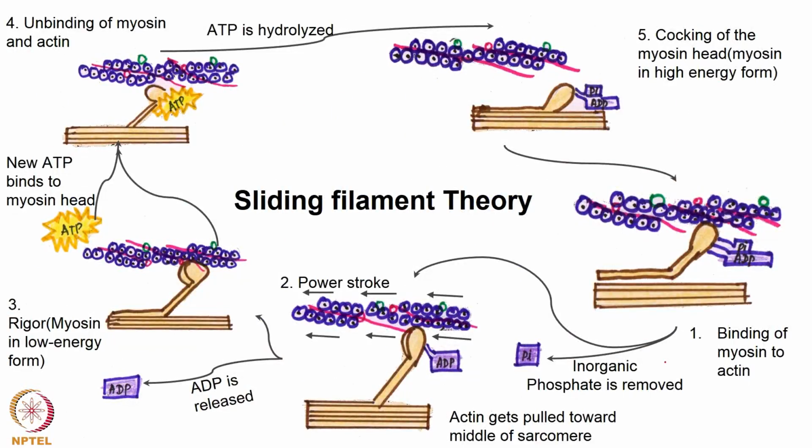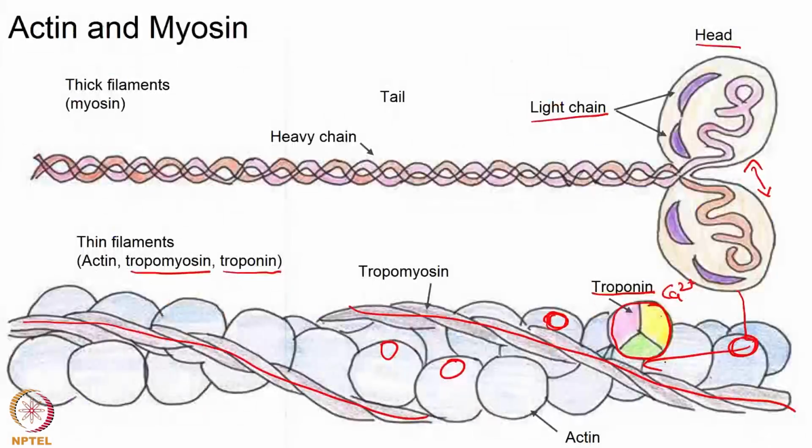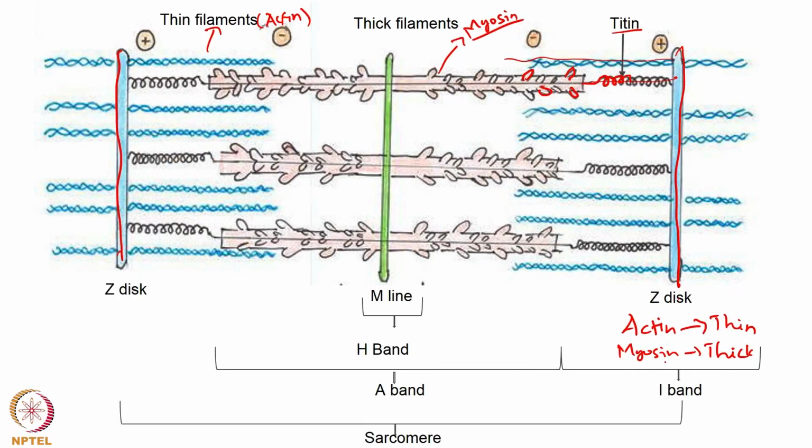Let us go through the situation one more time. This is the thin filament and this is the thick filament, right. The thick filament attaches to the thin filament and pulls it in that direction, whereas here the myosin head attaches to the actin and pulls in that direction.